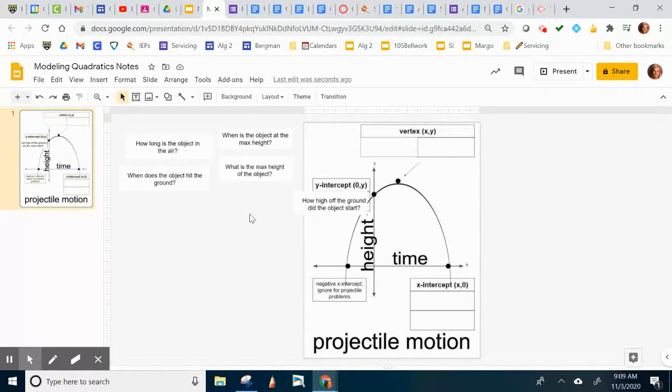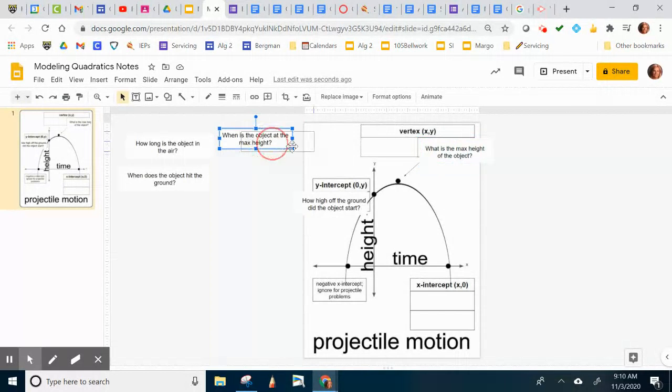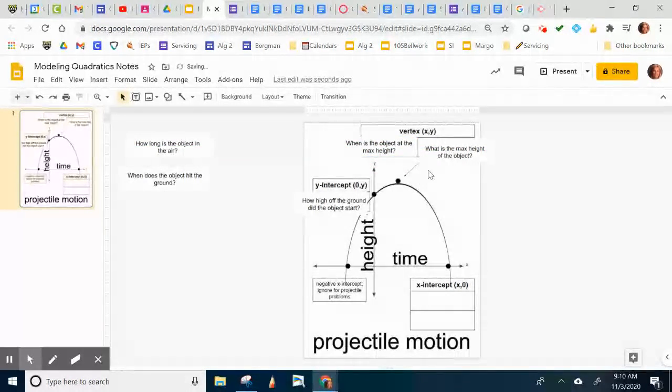So that y value will tell you what the maximum height is. So a question you might see would be, what is the max height of an object? You can find that by looking at the y value. We know that x tells us time, so that x value would tell us when the object is at the maximum height. So all that will be information that you can find from the vertex.